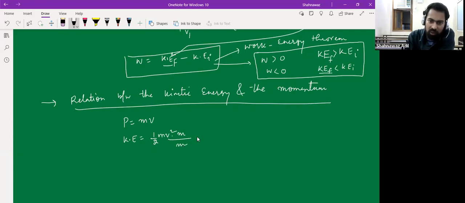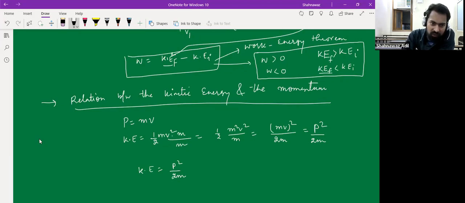This will become half m square v square by m, so this becomes mv square by 2m, which is p square by 2m. So your kinetic energy is related with momentum like this.